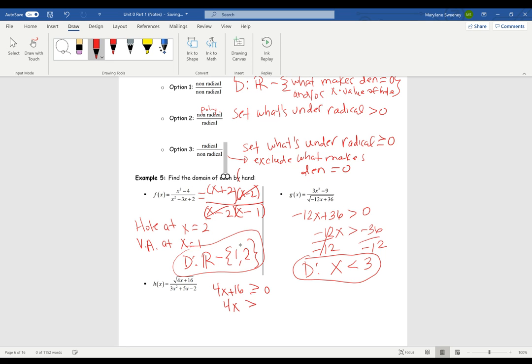So if I solve this, 4x is greater than or equal to negative 16, x is greater than or equal to negative 4. However, let's factor this, 3x, x.